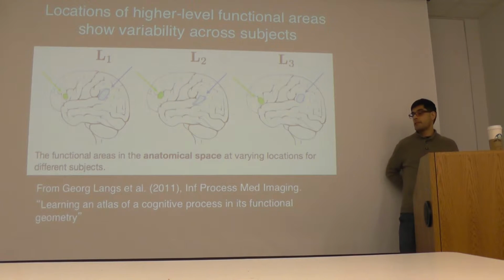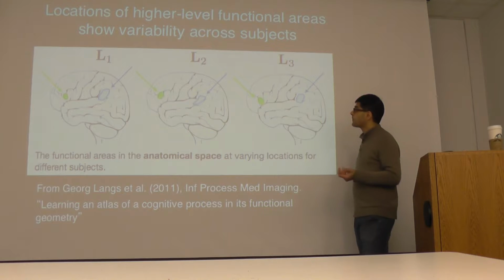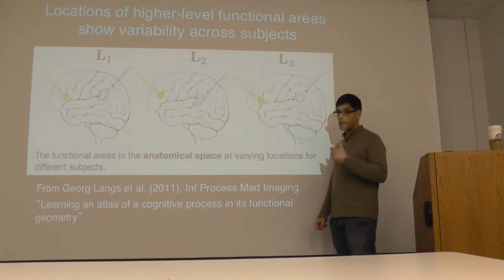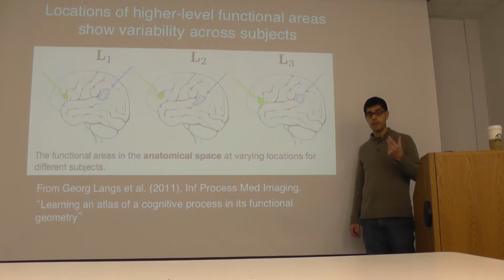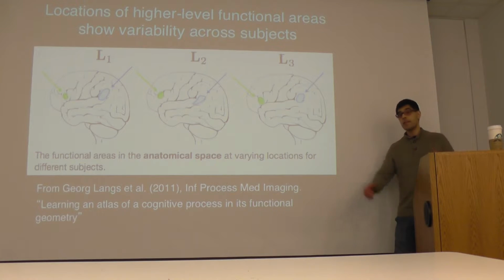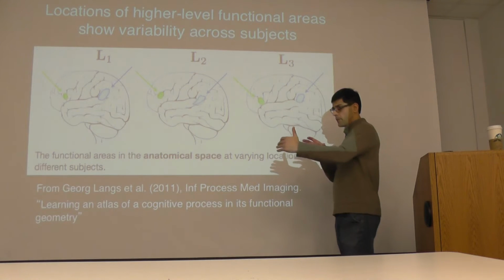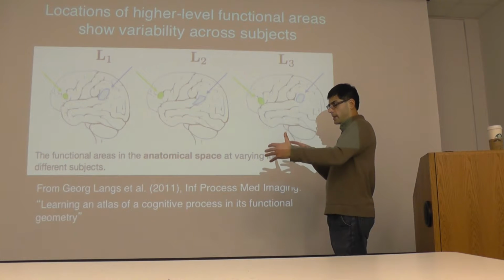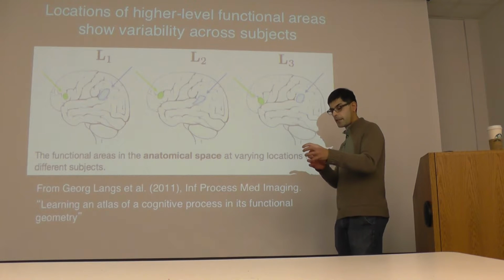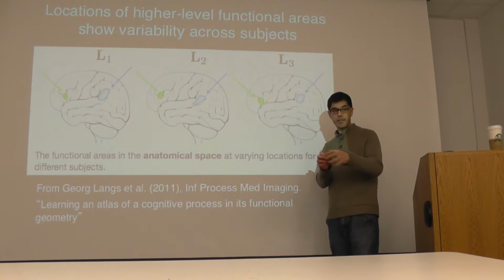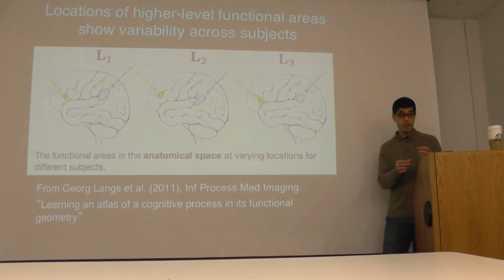And that's not the only sense in which people's brains are different. Especially when you get to higher level areas, their exact locations in the brain can vary quite a lot. So even if you can perfectly align every brain to the template, that still doesn't mean that regions specialized for a particular thing will be in the same spot in that template in every person's brain, especially not the high level regions.